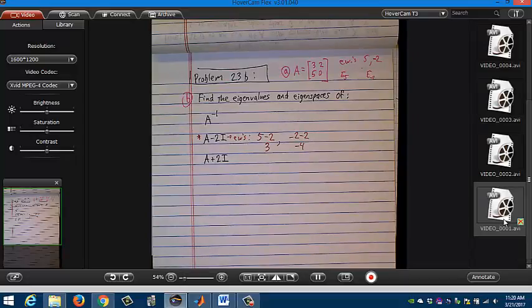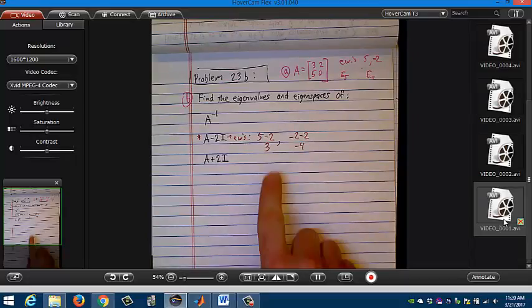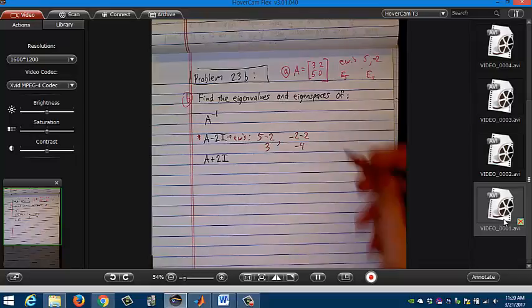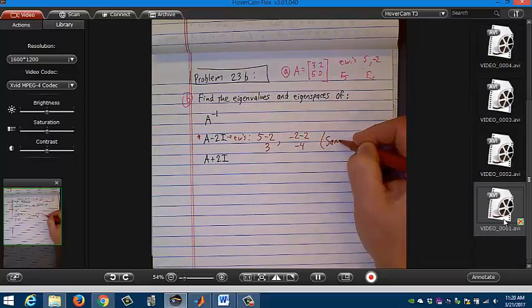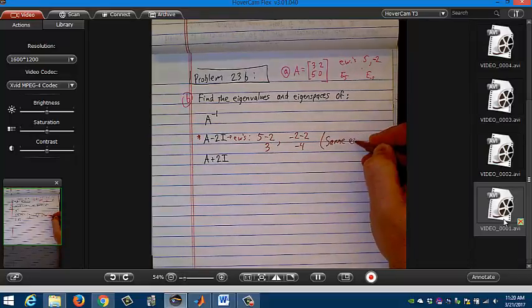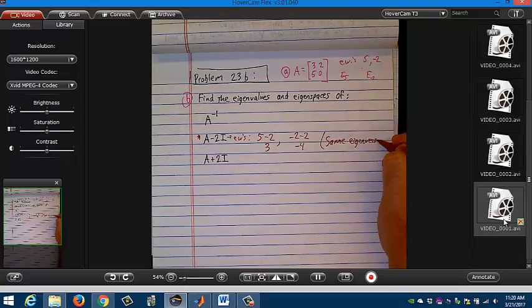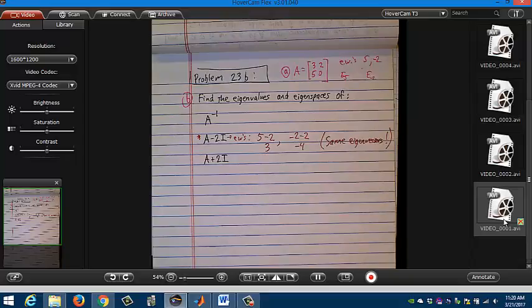And also by the theorem we just proved, it has to have the same eigenvectors. So that's kind of cool. The eigenvectors are the same. The eigenvalues are different.